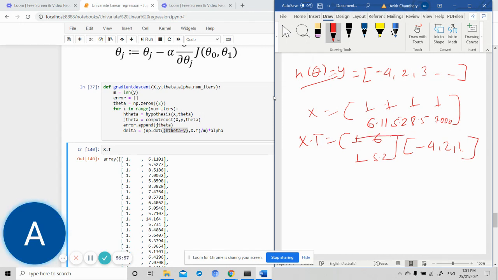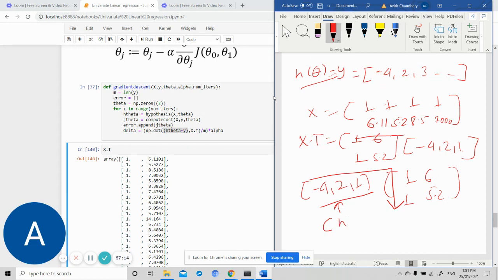So it performs matrix multiplication like this. Okay, so this is my h of theta minus y, and this is my x dot t transpose, which I have written. Then I have divided this by m, then done the multiplication by alpha. Okay, that makes sense.